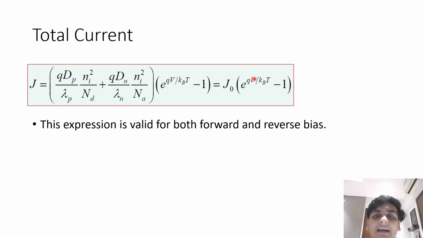So you can see that this fits the characteristics of the diode that we previously discussed, and this is the net expression of current in the diode. So we have done a proper device analysis of the diode, and now we know that when we apply a given voltage to a diode, what current we will get out of it.